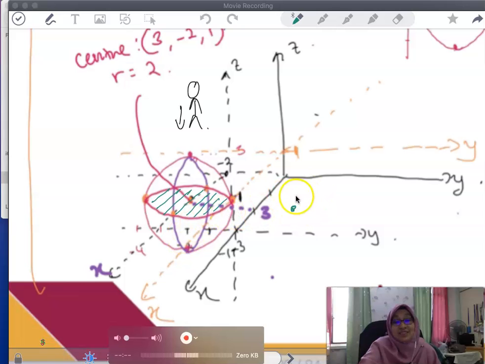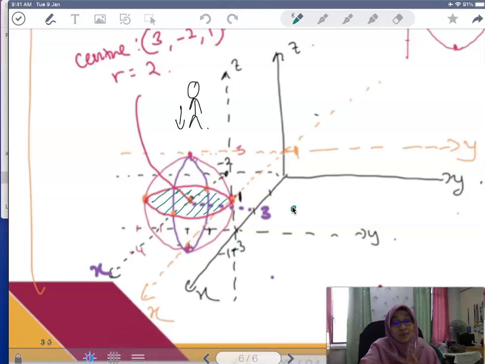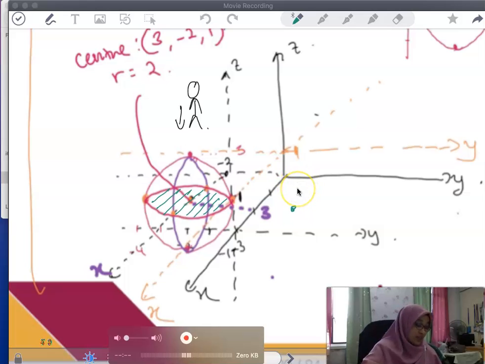You cannot see the surface over here, right? So without doing some calculation, from the graph you know that when you choose the point, let's say x equal to 3 and y is positive 1, for example, definitely z does not exist because it is outside of the sphere or the surface. Okay, so that is domain.